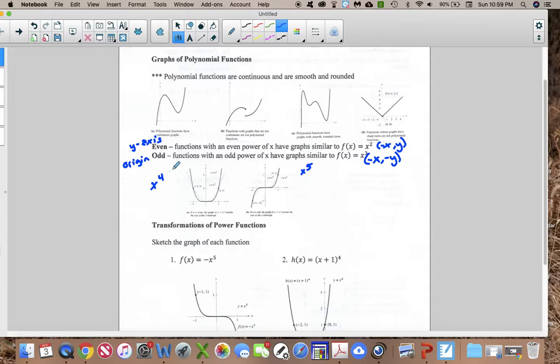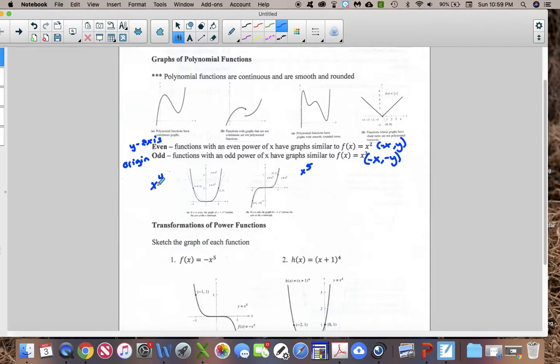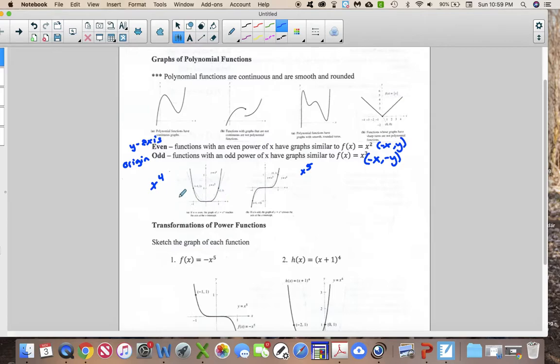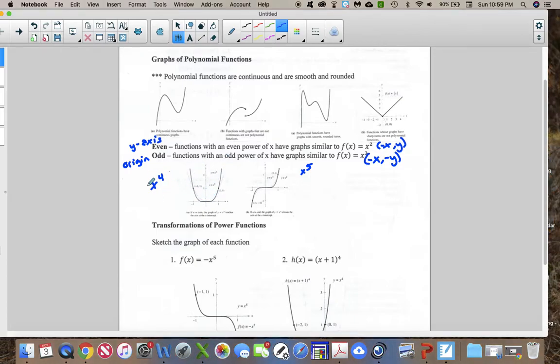X to the fourth power by itself is not a w. X to the fourth power plus some x cubed plus some x squared plus some x plus blah, blah, blah, that is going to be a w. But if it's just x to the fourth power, it will look kind of like a flat tire, right? So he'll come down like a quadratic function and he'll be really flat in the middle. That's what x to the fourth power will look like.